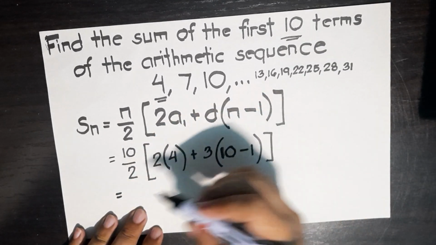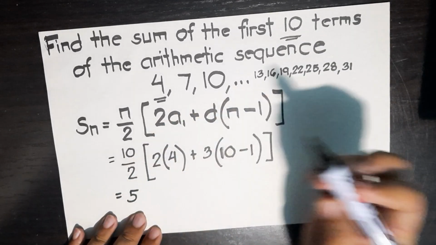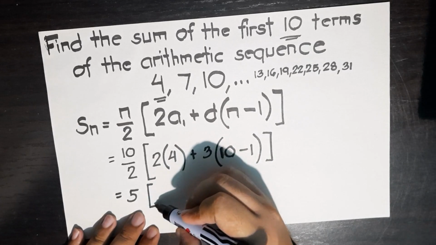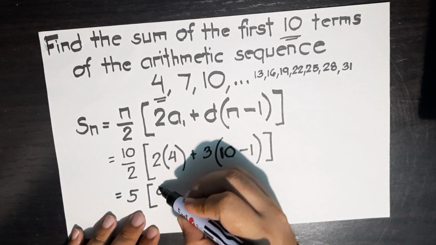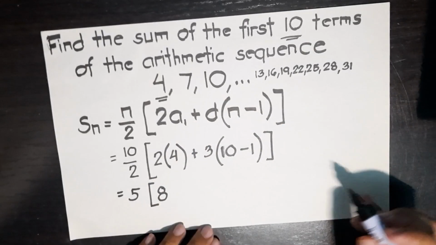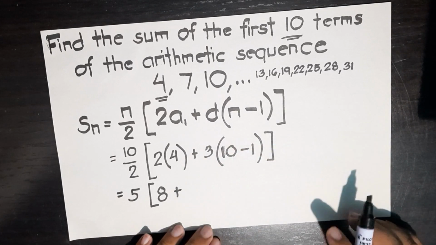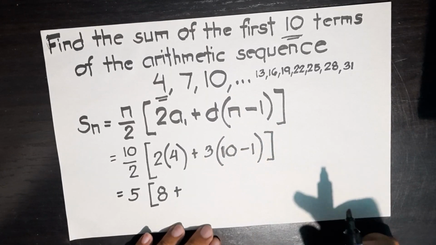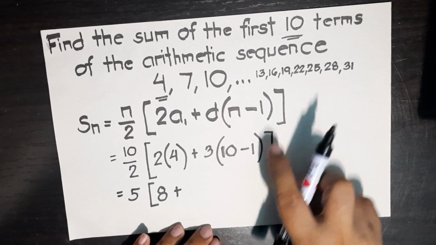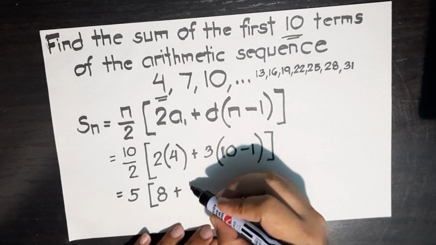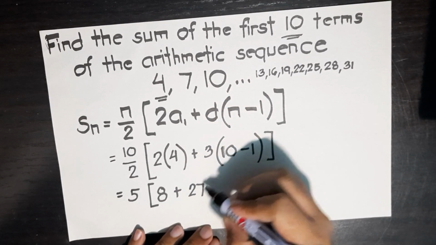So 10 divided by 2 will give you 5. Then let's draw another bracket. 2 times 4, we have 8. Plus 10 minus 1 will give you 9, times 3, 27.